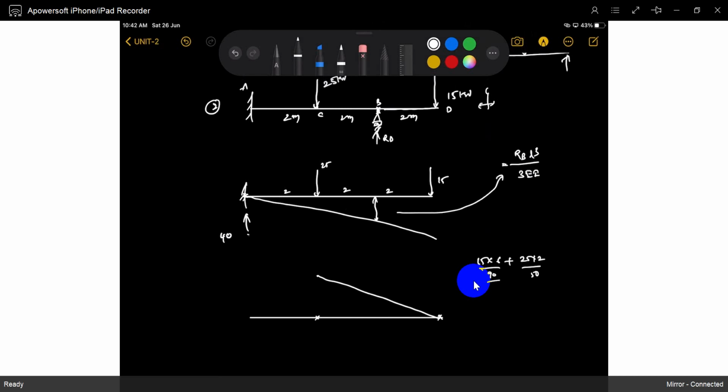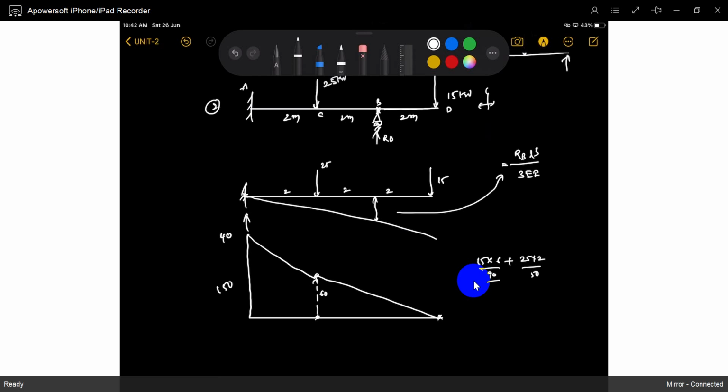That's 150. So at this location it is 150. This is 60. Understood? 15 into 4, 60.